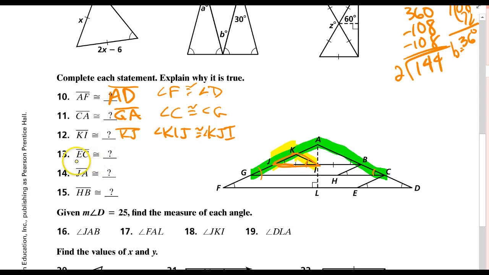Now then, E to C will be congruent to CD. EC was congruent to CD because of the two angles down here that are congruent, so I can just call that simply angle D, but here I have to be specific about angle E because it could also mean this side, so I have to name it CED.